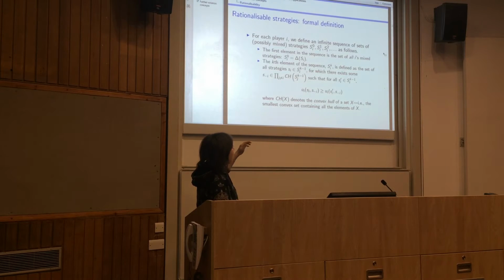We take the convex hull of those. We take the Cartesian product of them. That would give us the combination of strategies for the other players. And then if there exists some combination of strategies of the opponents to which our strategy is the best response, then these strategies will survive to the next step in the sequence.